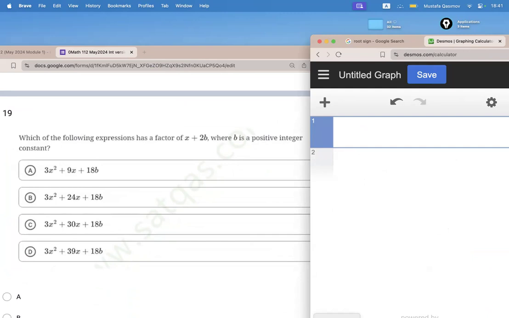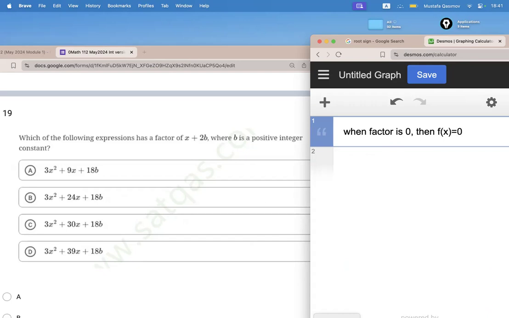Just wait. Here we have a rule like this. x plus 2b, when factor is equal to 0, then f of x is also equal to 0.